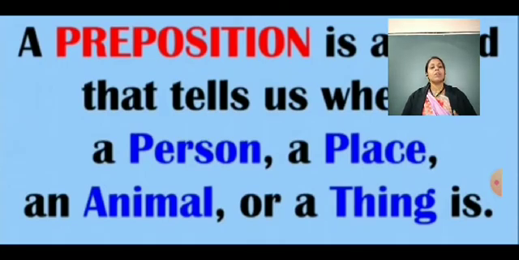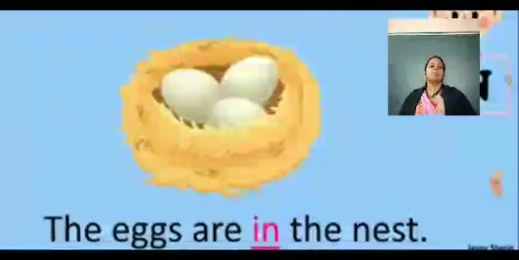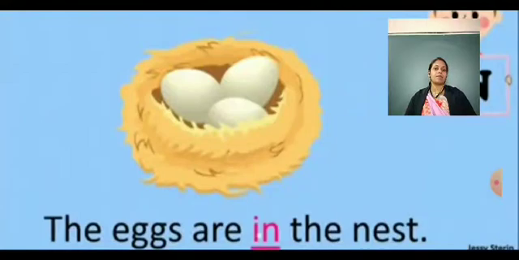So it tells the position of a person, a place, an animal or a thing, and this will be called the preposition. You can see in the picture that there are 3 eggs. And where are the eggs? You can tell that the eggs are inside the nest.